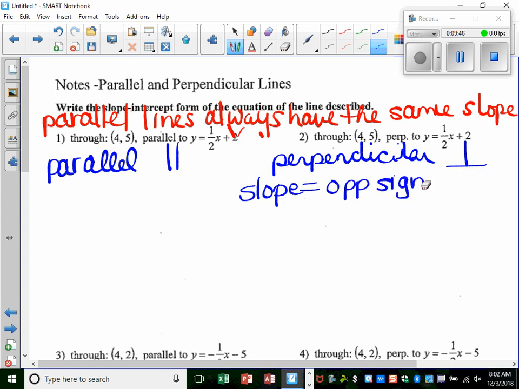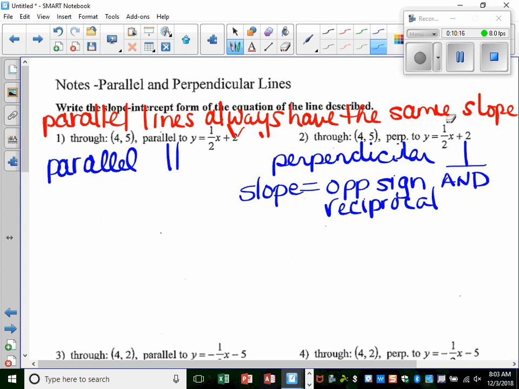So that means if it's negative, it becomes positive. If it's positive in the problem, it becomes negative. And you got to make 2 changes. Reciprocal. Okay, reciprocal simply means you reverse the numerator and denominator. Okay, so let's look at 1/2. So I know the opposite of a positive 1/2 is negative 1/2, and I have to flip it.